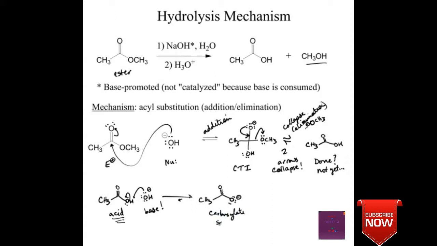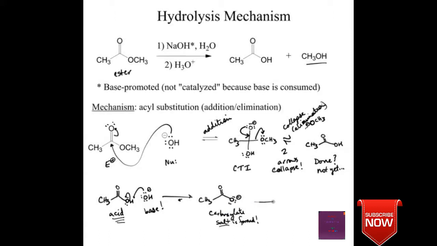The carboxylate salt is formed. That's our final product in this hydrolysis reaction, which is base promoted. We don't call it catalyzed because in this final step we actually consume an equivalent of our base. We don't get it back anymore because this reaction is so favored in the forward direction.